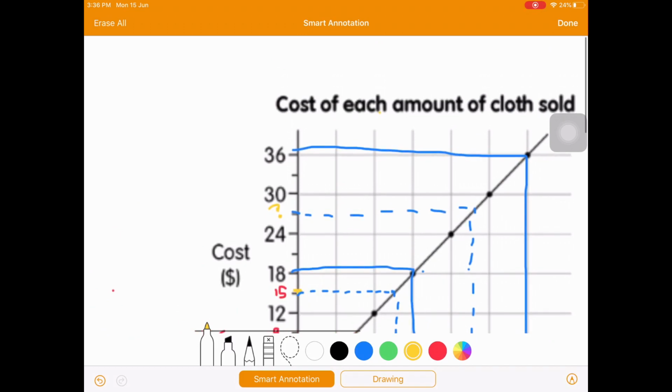So from 24, I add 3 to find out the question mark. So 24 plus 3 is 27. So the question mark is 27. Every yellow arrow is an increase by a value of 3 for this line graph.